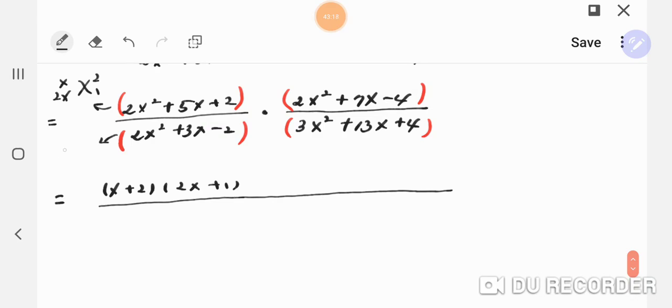The same thing, x times 2x, and 2 is this time 2 times 1, and put the negative sign on the 1. The sum of the cross products is 4 minus 1 is 3x. So the bottom will be x plus 2 times 2x minus 1. And this part is x times 2x, 4 is 4 times 1, and put the negative sign on the 1. So that will be 8 minus 1 is 7.